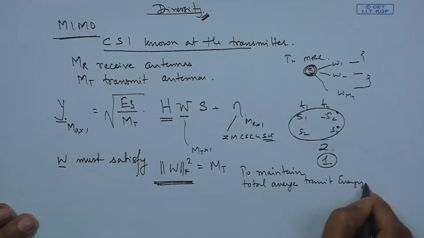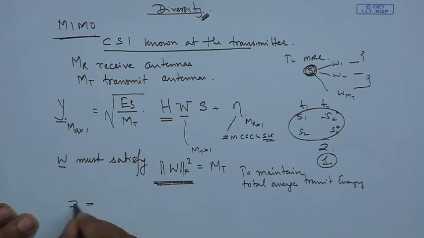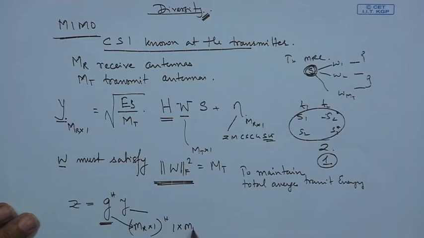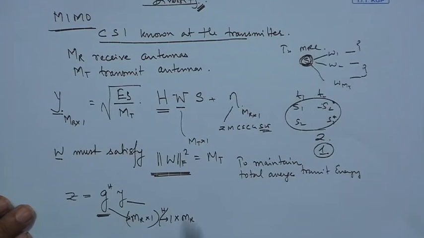We would consider a receiver z equal to G Hermitian y. So basically these are the equalizer coefficients, and G is MR cross 1, so G Hermitian is 1 cross MR. This y is MR cross 1, so there is a product between them.